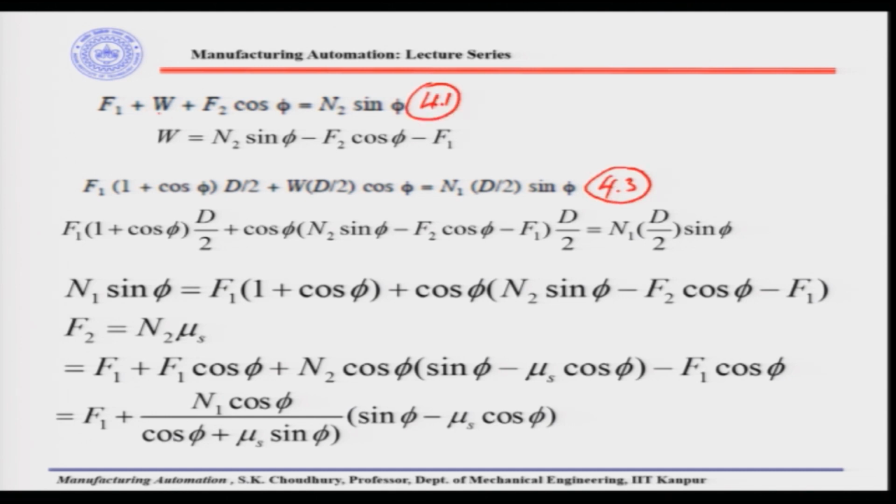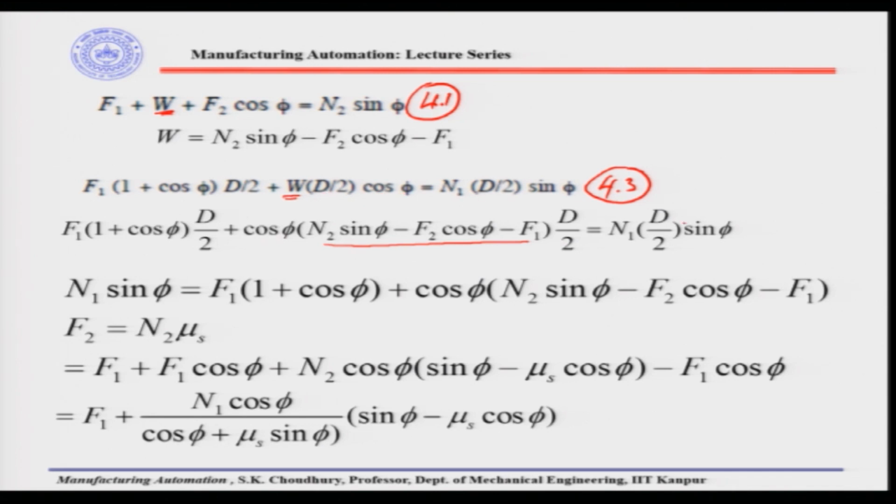We take the value of W from here and put it in this equation, because W is N2 sin phi minus F2 cos phi minus F1. Exactly this value we put in place of W. The remaining will be cos phi and d by 2, and the rest is the same.